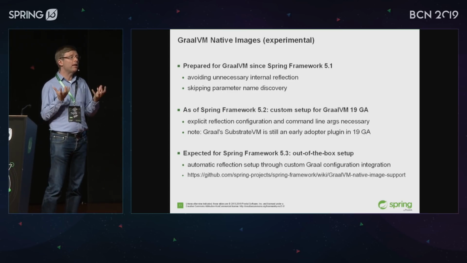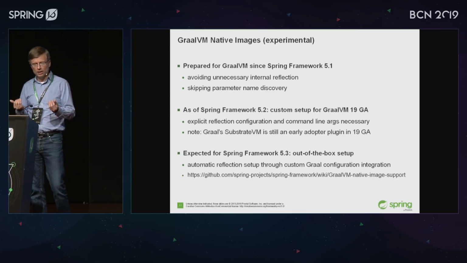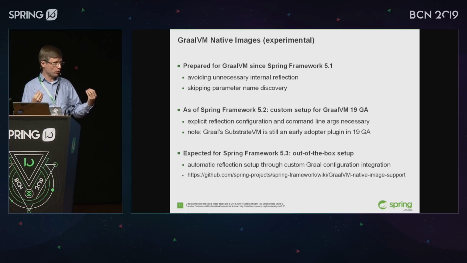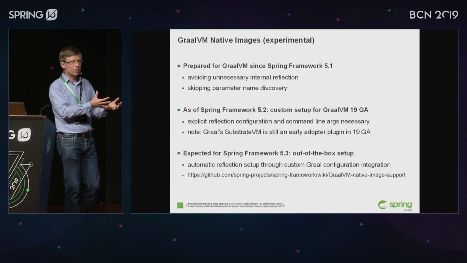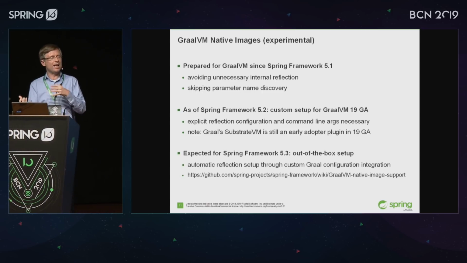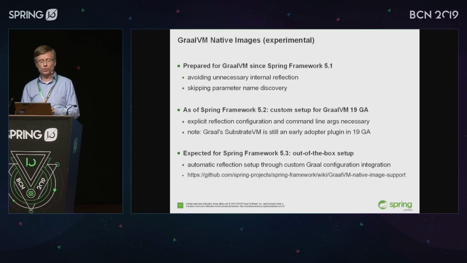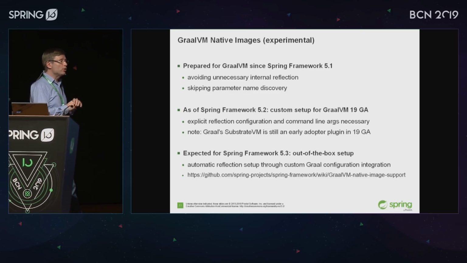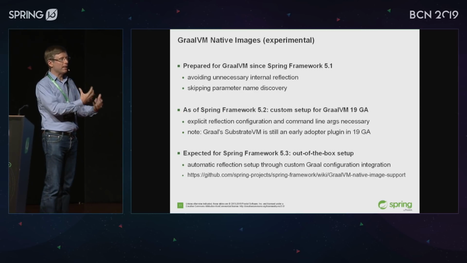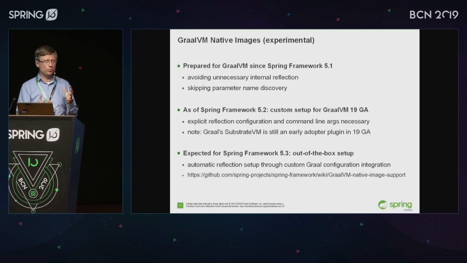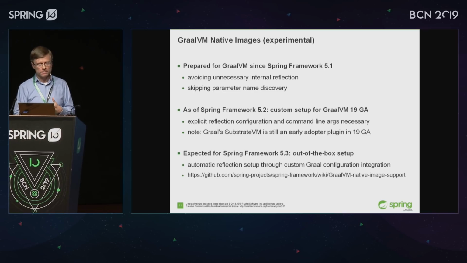GraalVM is very capable of handling reflection if you instruct it with reflection configuration, with certain configuration rules of what it needs to do when it encounters certain reflection points, of which classes it needs to be capable of delivering reflection metadata for. But we are trying to minimize the amount of metadata it needs there through some internal little refactorings where we're trying to be Graal-friendly within the code base.